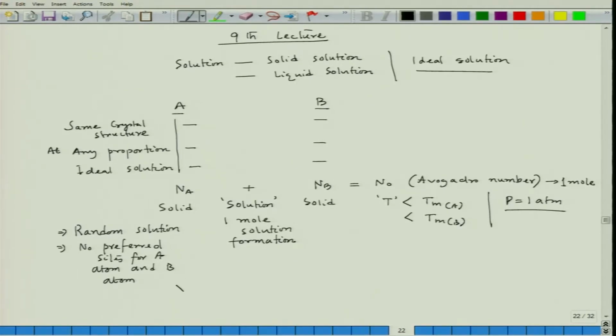Simple, I can consider XA and XB, which is the mole fraction. Here XA is equal to Na by N0, here XB is equal to Nb by N0, since the total number of atoms would be N0, and this is the mole fraction.